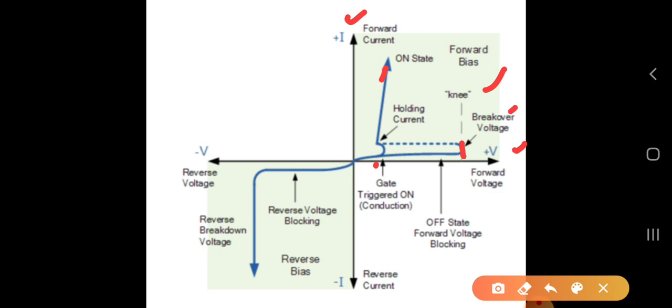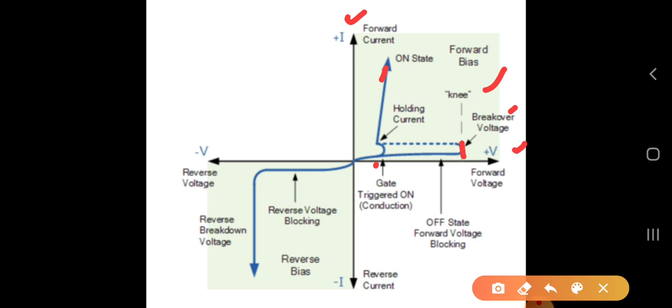It is the minimum voltage required to turn the SCR on. Another case is if you are using gate current, taking the help of the gate. Here we have simply applied anode cathode voltage, and it has taken a maximum voltage to turn on the SCR.